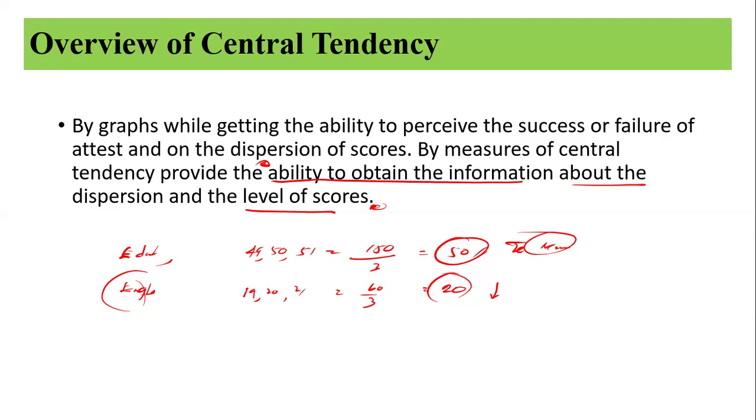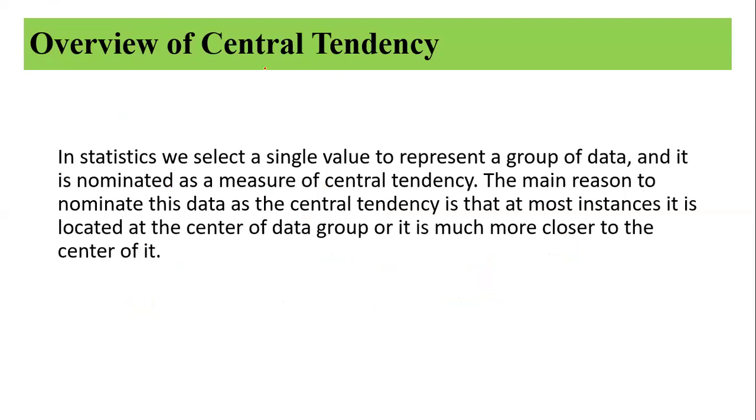Yeah, right. Okay. Another meaning: in statistics, we select a single value, for example X bar, to represent a group of data. And it is nominated as a measure of central tendency.